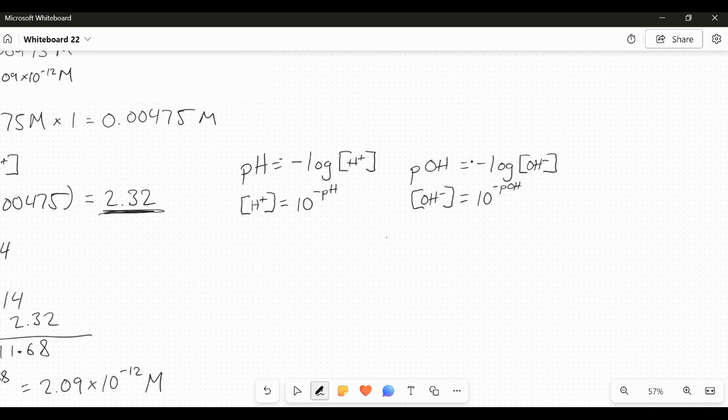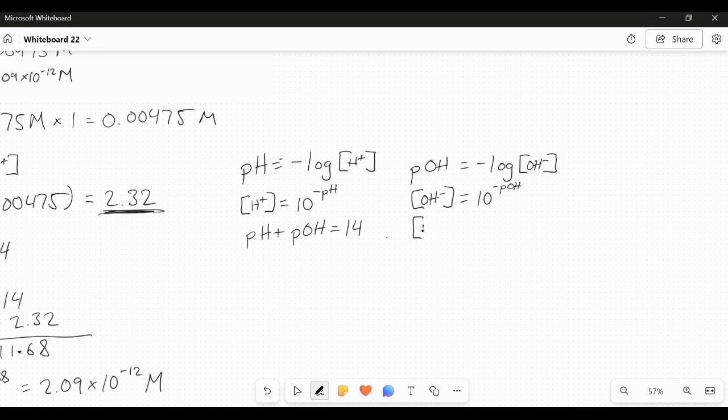So here are some formulas that you should remember. These four, as well as one that we used earlier, pH plus pOH is equal to 14. There's one more that you can use that is pretty common that saves you some time.